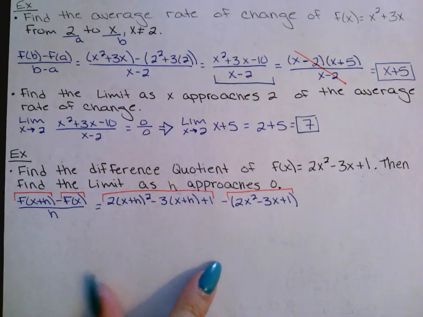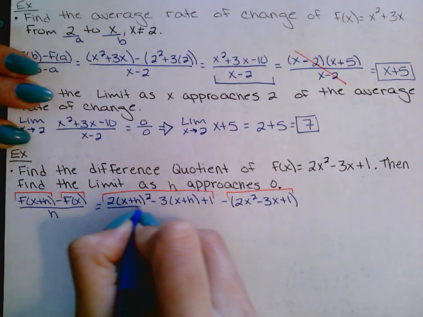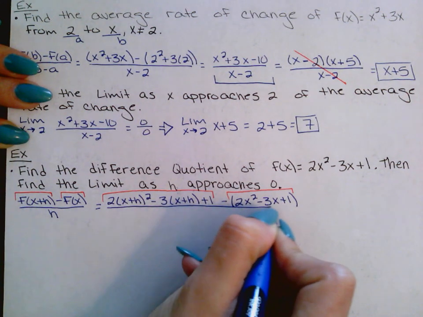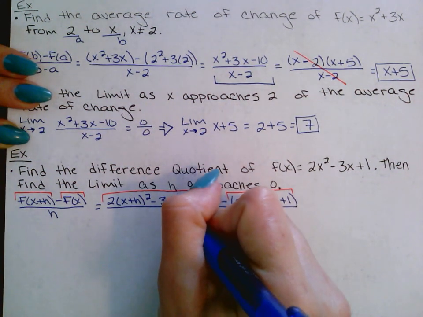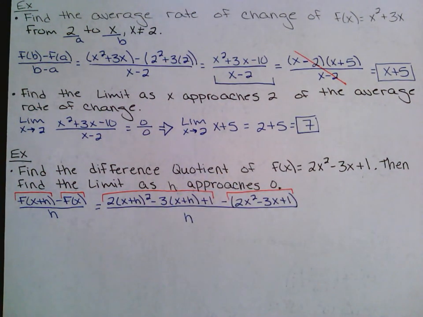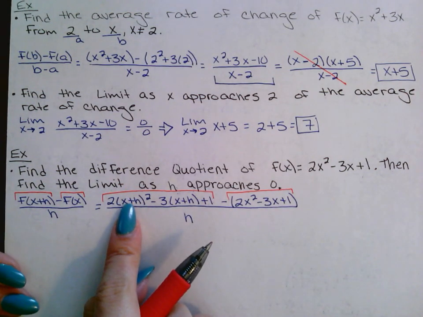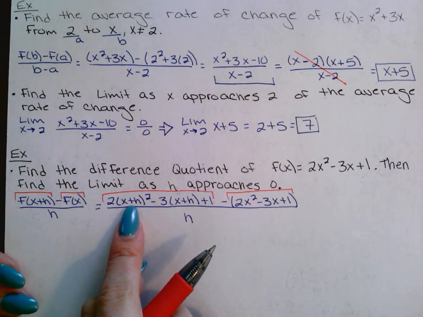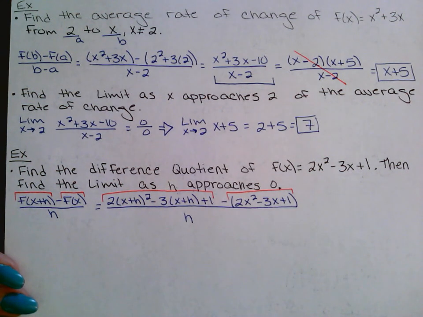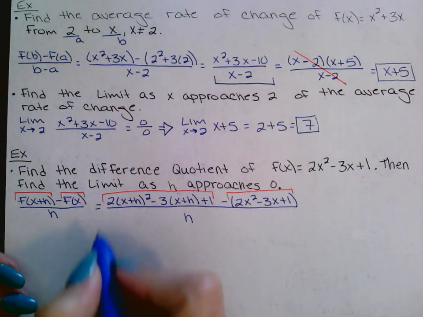Hope my brackets make sense there to you in red. And then you need to put all of this over h. Now, all you have to do is clean. So PEMDAS says I have to FOIL that first. We went over that last class. If you feel the need to write the two binomials and distribute, go ahead.